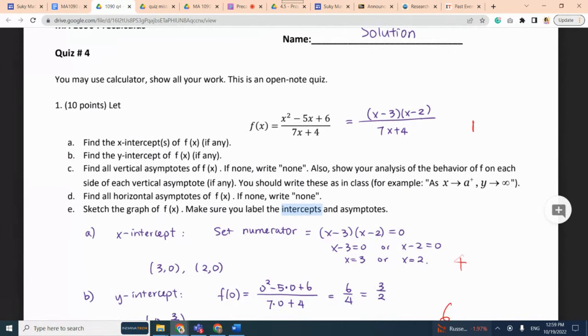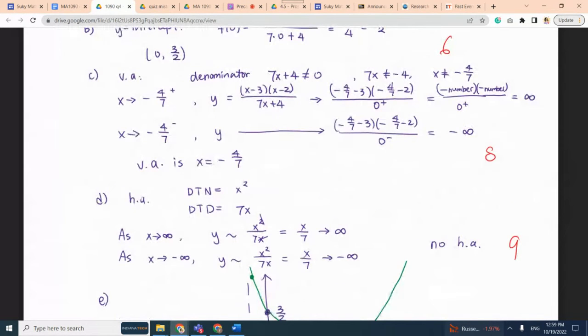Dominant term is the highest power term. Do you see the highest power term? On the top is x squared, and then the bottom is 7x. You see that? So that's why dominant term of the numerator is x squared. Dominant term of the denominator is 7x.